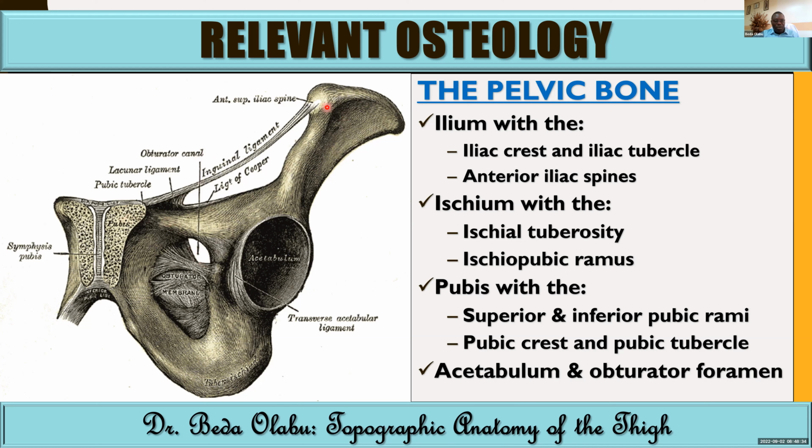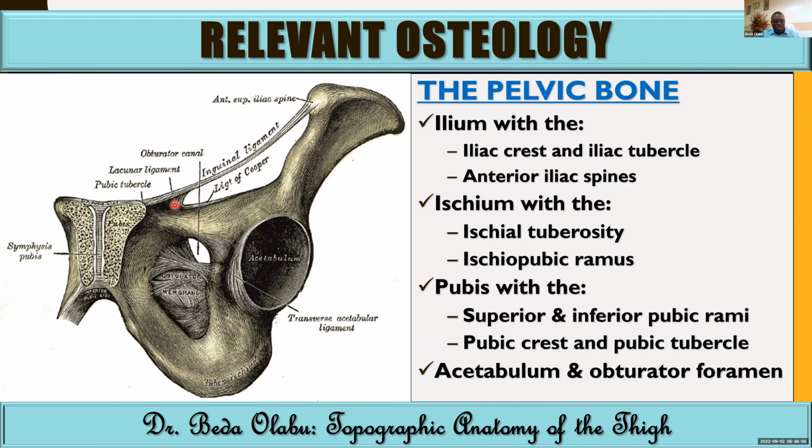There's a ligament that connects the anterior superior iliac spine to the pubic tubercle. That ligament is called the inguinal ligament. It's going to be important in this particular session. There are some reflections from the inguinal ligament on the medial aspect, which we call the lacunar ligament. It's also going to be important in this session. That's the lacunar ligament.